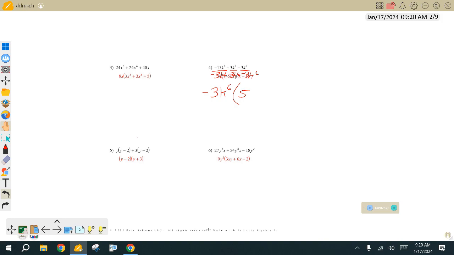And here you bring in your exponent rules from about 6th grade. K to the 8th divided by k to the 6th. 8 k's divided by 6 k's leaves you how many k's? K to the 2nd, right? 3 divided by negative 3, negative 1. K to the 7th divided by k to the 6th gives you how many k's?